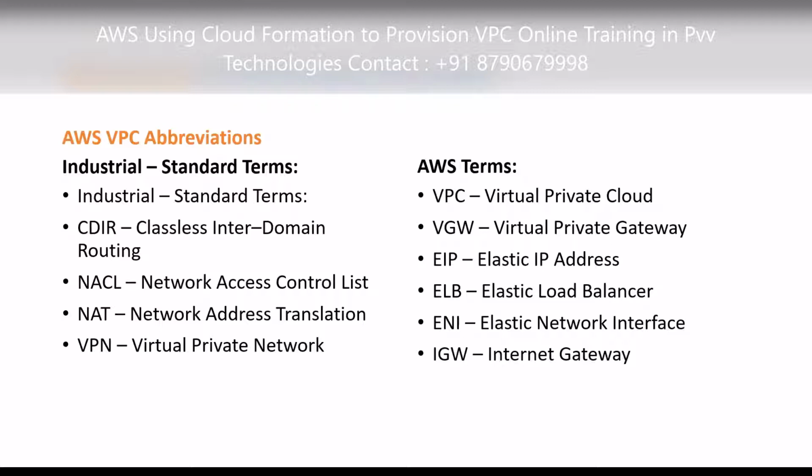NACL is network access control list. NAT is network address translation, what we see as NATing an IP. And VPN is a virtual private network, where we'll be using a virtual private gateway for the communication.